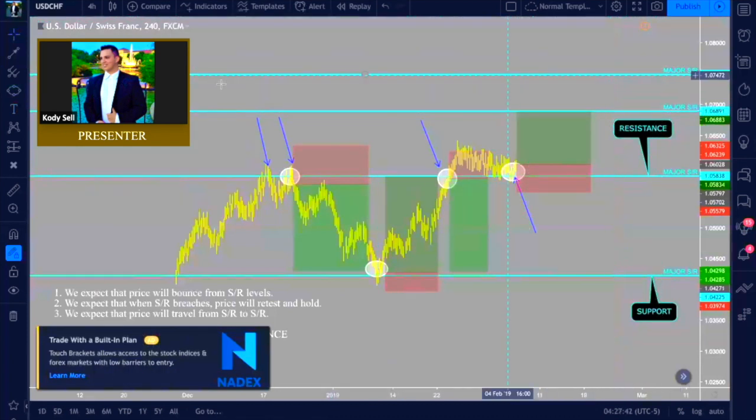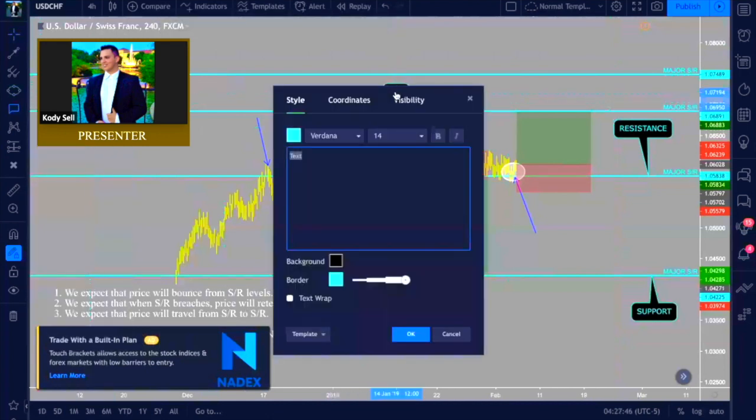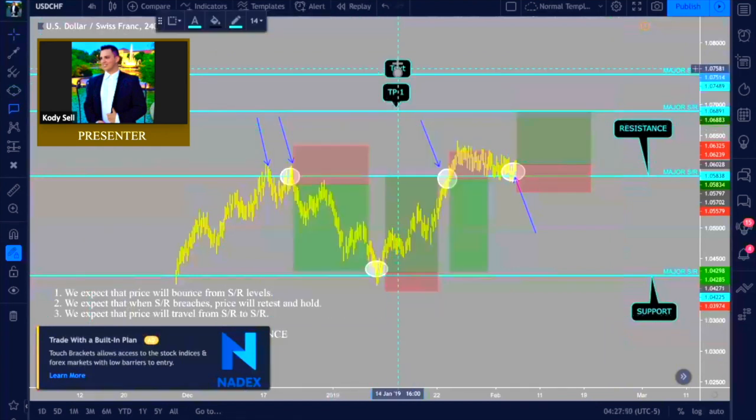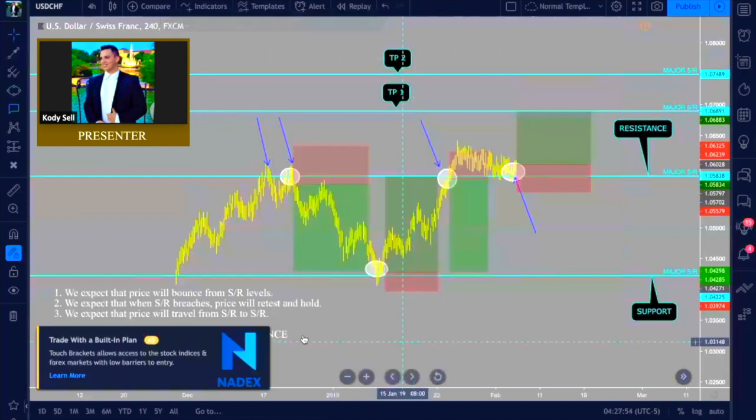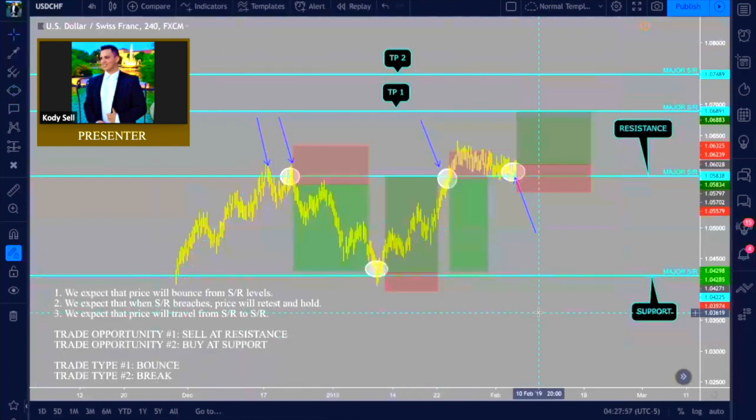Some advanced traders will do something like this. They'll do TP1, take profit number 1. They'll come up and they'll do TP2, take profit number 2. And what they'll do is they'll eliminate some of their position at each level. But again, that's really beyond the scope of these videos.